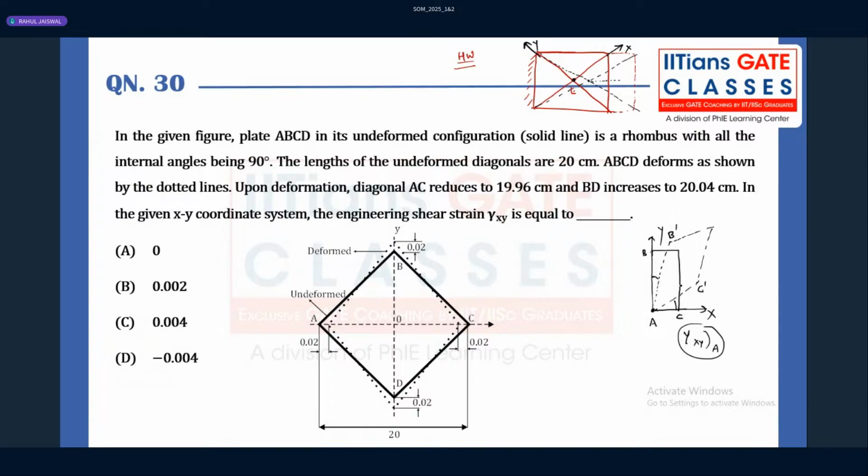Suppose I change the axis like this, instead of giving it like this, in the same problem which I am giving right now, just for example number 1, let us suppose I am changing my axis like this, x dash and y dash. At the same point A, corresponding to x dash and y dash, the shear strain will be different.